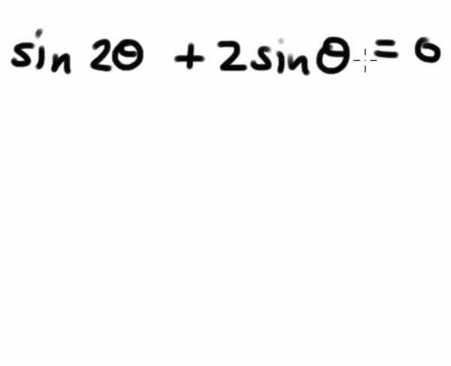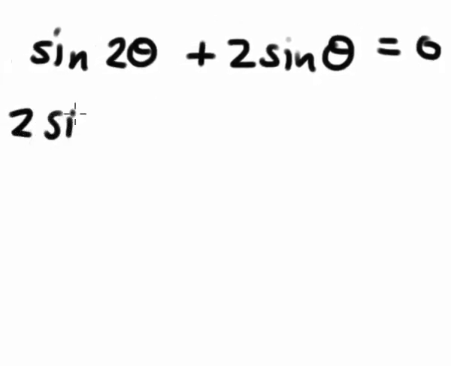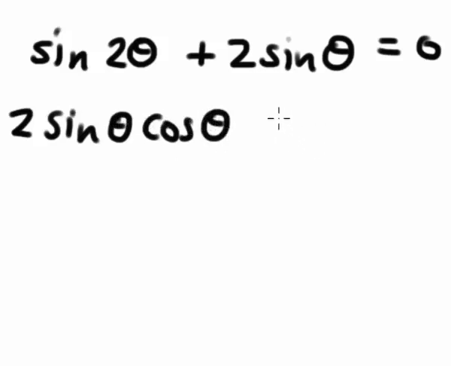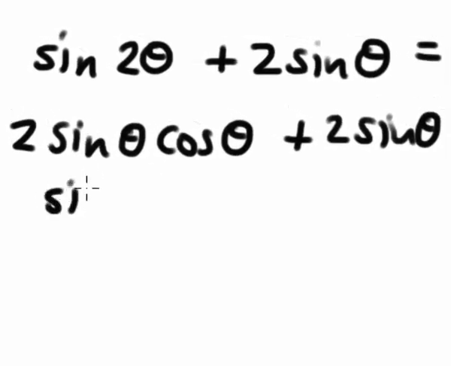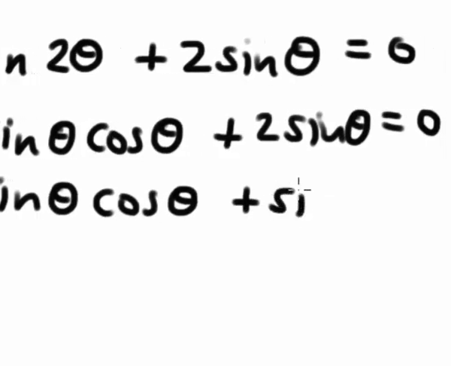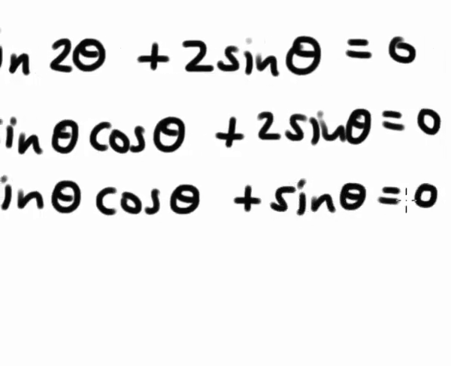The first thing is, it doesn't help bringing it across, that's awkward. But sin 2 theta can be written as 2 sin theta cos theta, plus 2 sin theta. That's your first mark there. I can get rid of those 2's if I divide throughout, so it's sin theta cos theta plus sin theta is equal to 0.